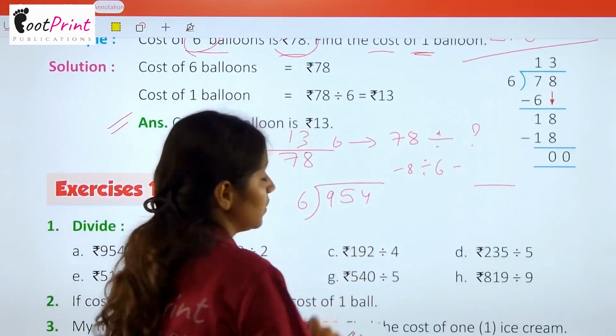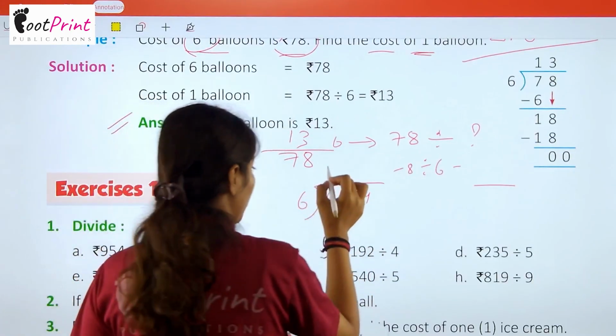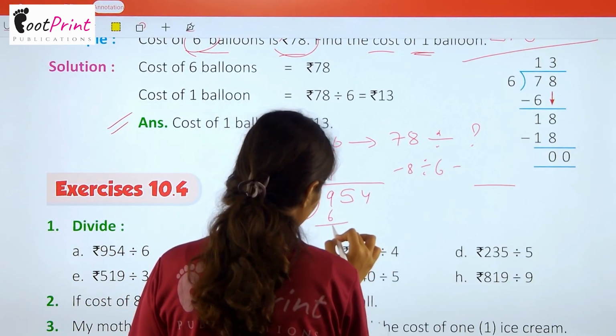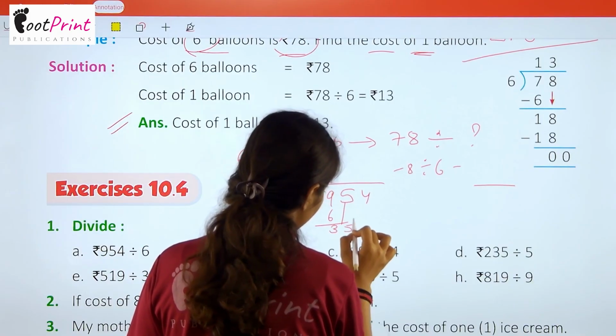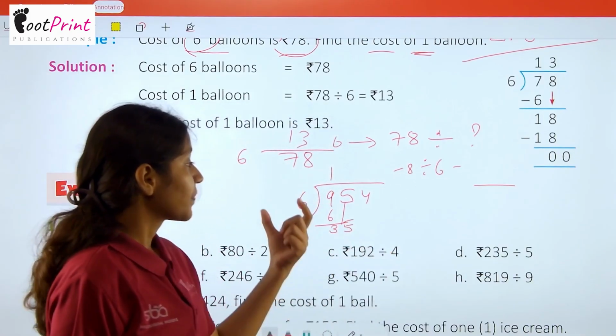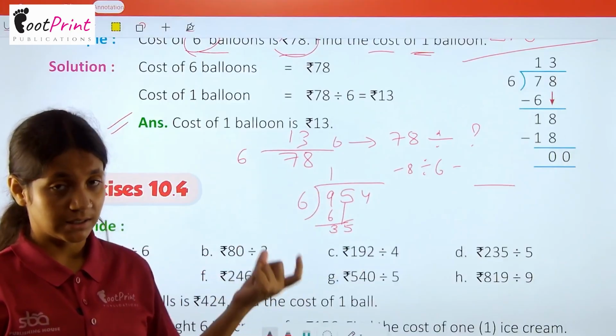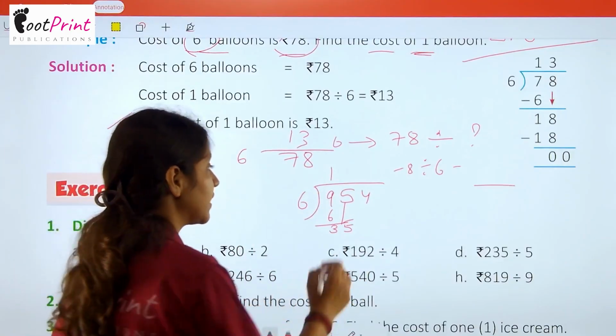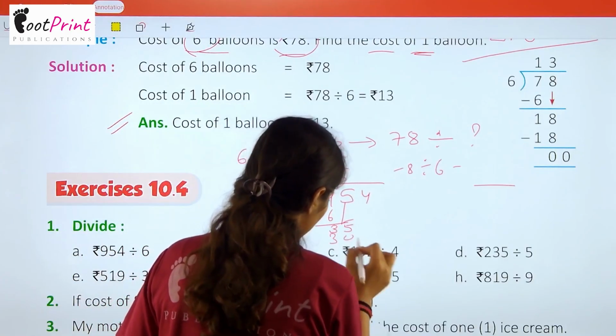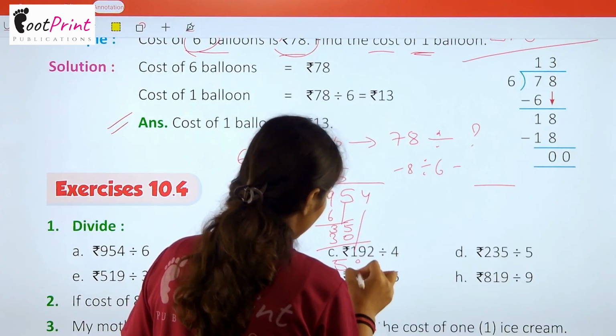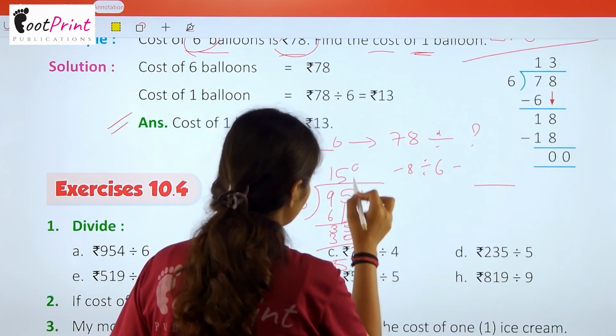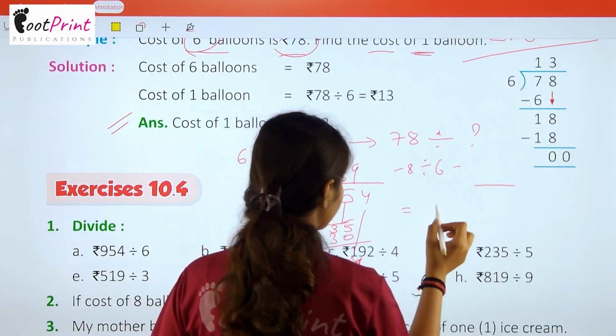So we will take one value. So 6 ones are 6. We are getting 3 now. 5, bringing down. Now 6 5s are 30. Now we are getting 5. Now 4. And 6 9s are 54.